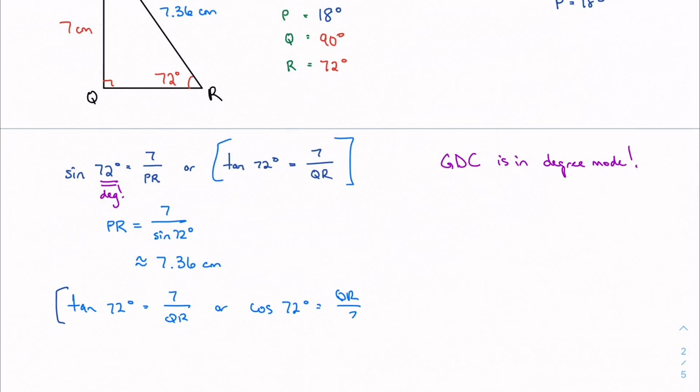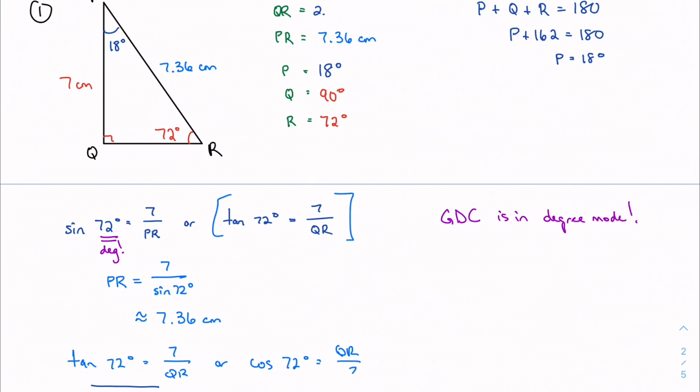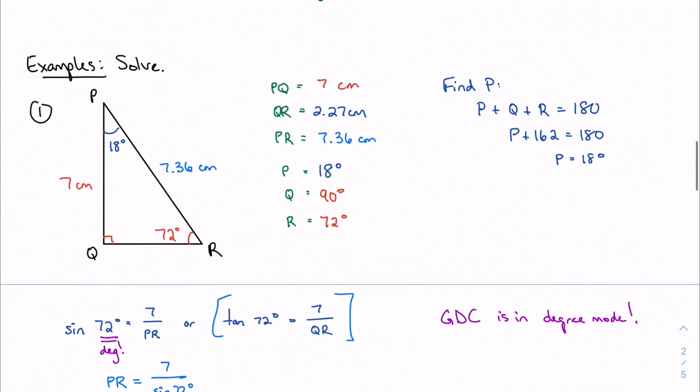Rearranging, QR is 7 over tangent 72. So 7 over tan 72 gives me approximately 2.27 centimeters. Now you can see I have all three sides and all three angles, so my triangle is solved.